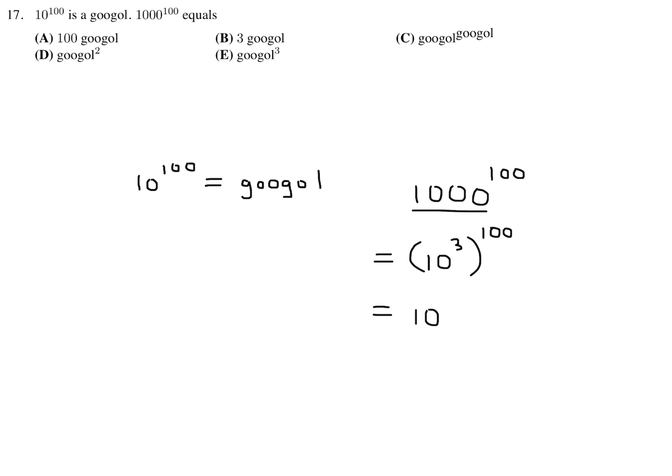So this becomes 10 to the power of 300. And then I can factor that again as 10 to the power of 100, all to the power of 3. Just rearranging the numbers. Now 10 to the power of 100 is our Googol, and that's all to the power of 3. So there you go. Number 17, therefore, the answer is E.